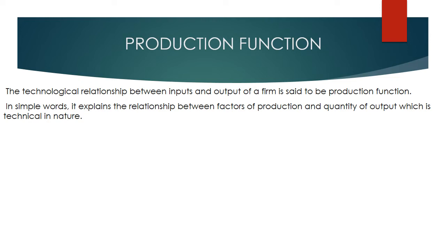Here the factors of production are nothing but the four factors like land, labor, capital and organization. Production function can be expressed as Q is equal to F of R L O K.